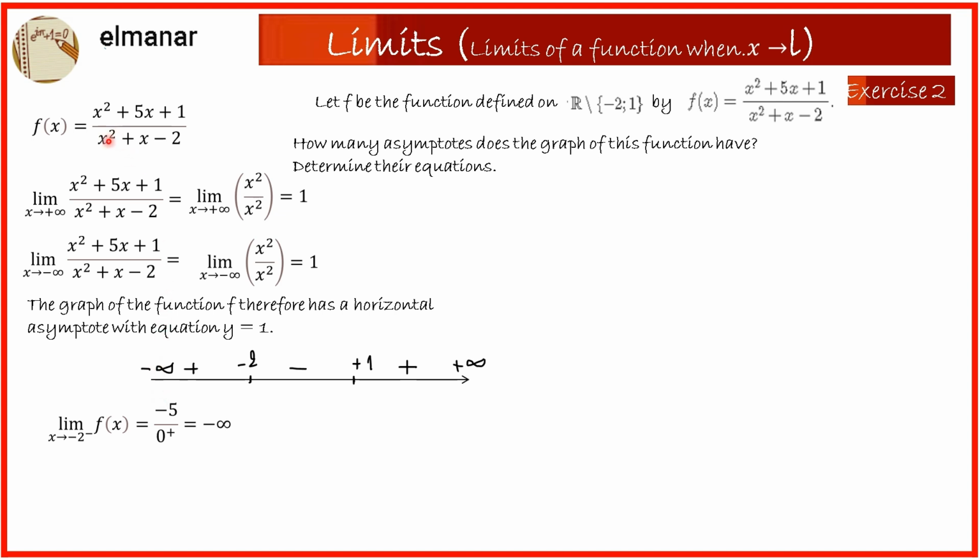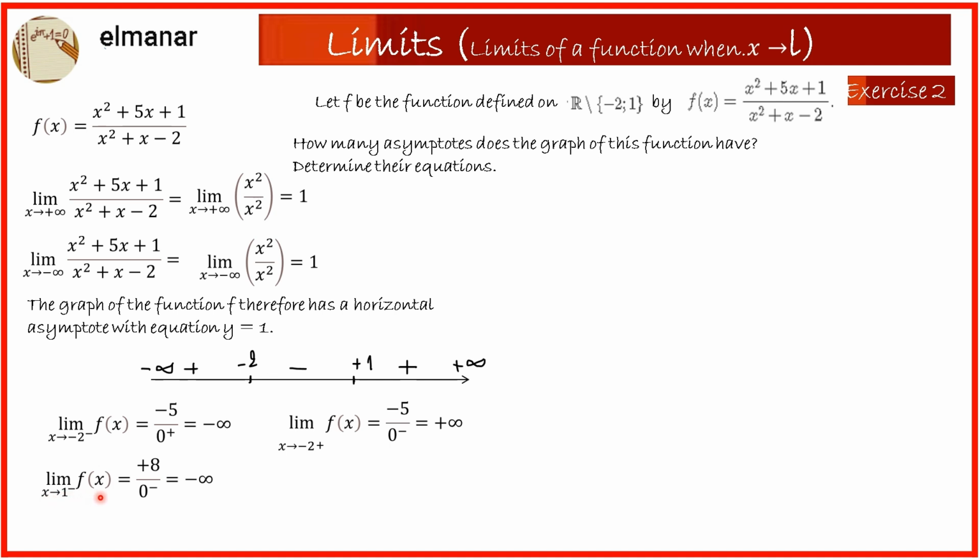And the limit as x approaches -2 from the left of the expression x squared plus x minus 2 is equal to 0 from strictly positive values because x is less than -2. Therefore, the limit of f of x as x approaches -2 from the left is equal to -infinity. Similarly, the limit of f of x as x approaches -2 from the right is equal to positive infinity, because x is greater than -2 and the denominator tends to 0 through strictly negative values.